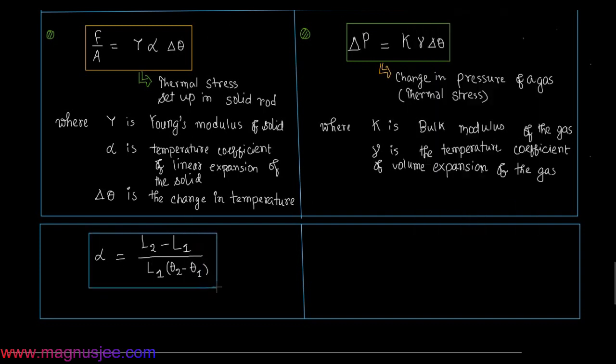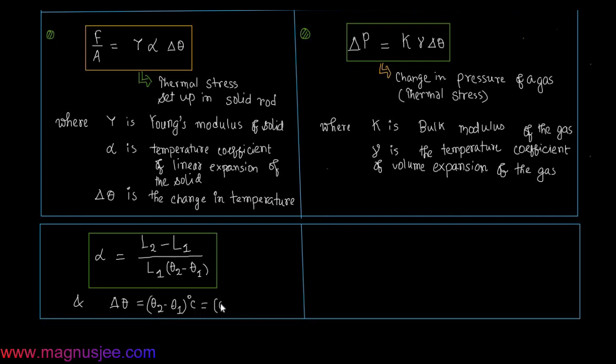That is the expression of temperature coefficient of linear expansion of solid, where delta theta is equal to theta 2 minus theta 1 degree C, or theta 2 minus theta 1 Kelvin.